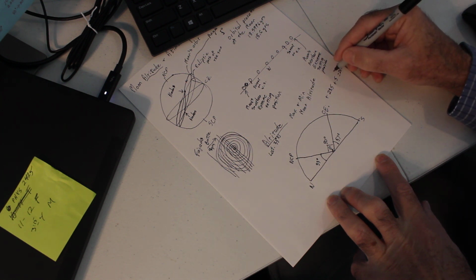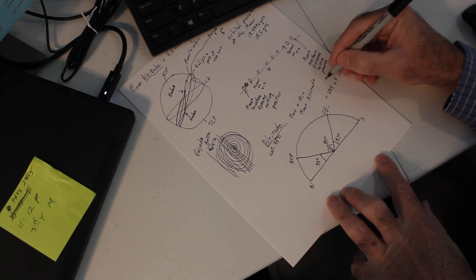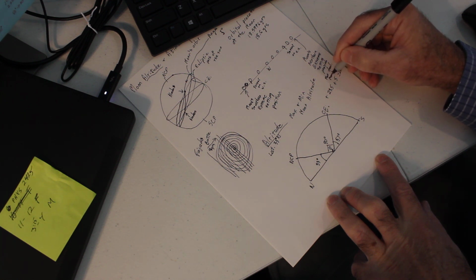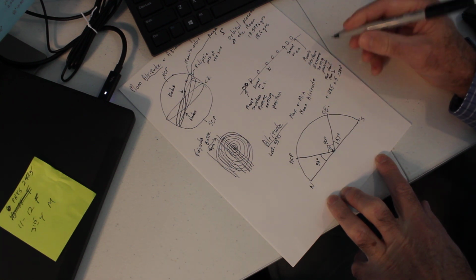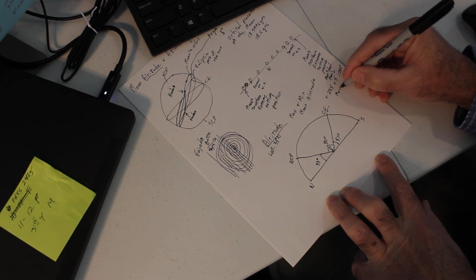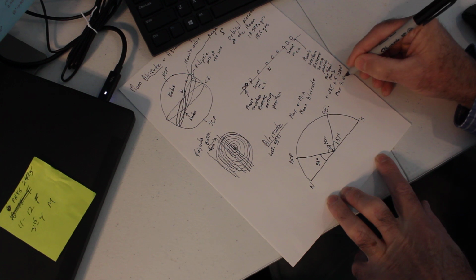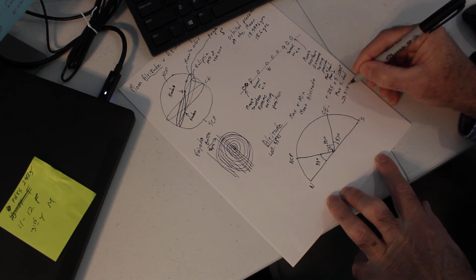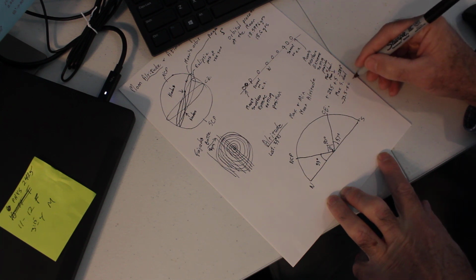So the maximum declination of the moon is 28.5 degrees, maximum north declination. The maximum south declination would be negative 23.5 minus 5 degrees, which is negative 28.5 degrees.